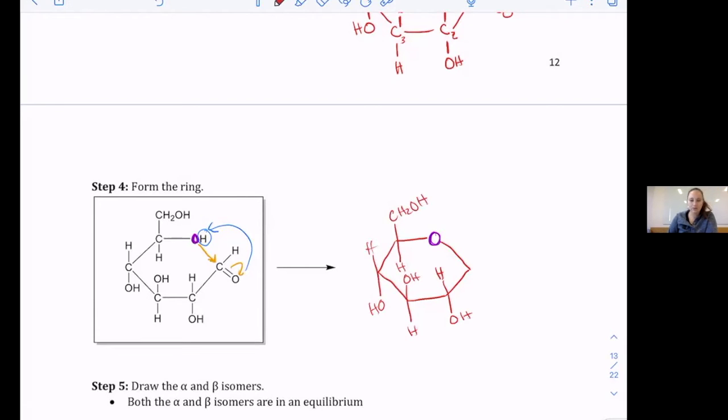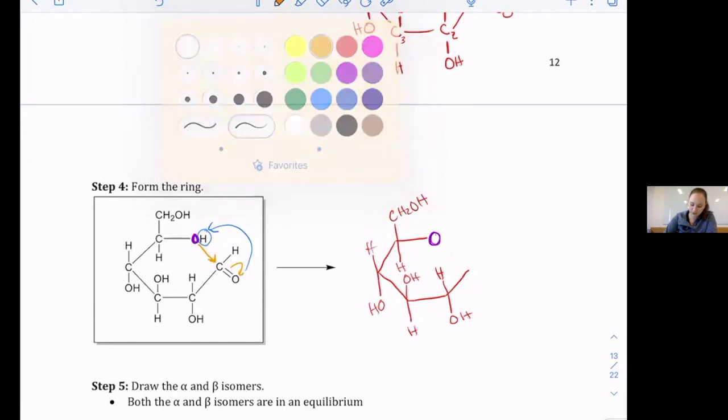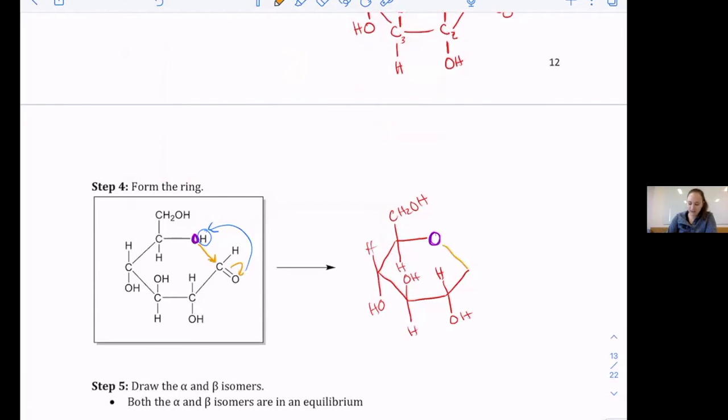Okay, so now carbon number 1, the carbonyl carbon, is where we're going to mix things up a little bit. Actually, I'm even going to erase this and make this orange to show we made this bond here. Then our alcohol is either going to be going down or going up. We don't have any particular way that we know that it's going, right?